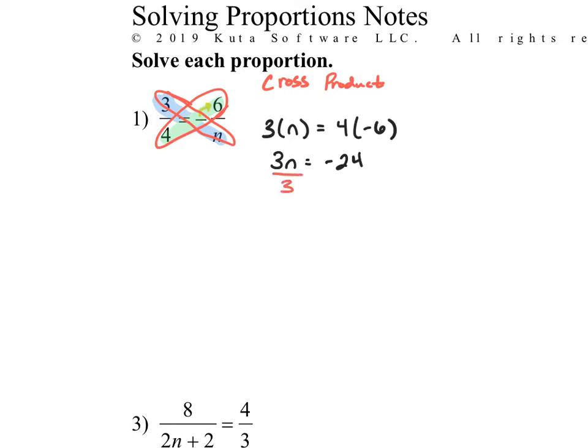To undo it, you need to divide, and if you do it to one side, you've got to do it to the other. So n will equal, now you have a negative and a positive, which gives you a negative when you divide, and 24 divided by 3 is 8. Now, that was a very elementary type problem, but that's the foundation and basis that we're going to follow for all of these.